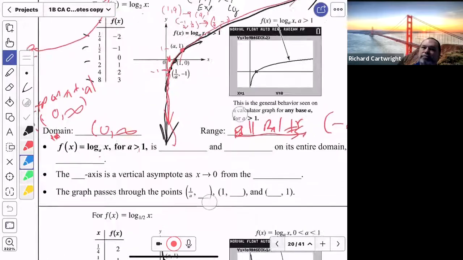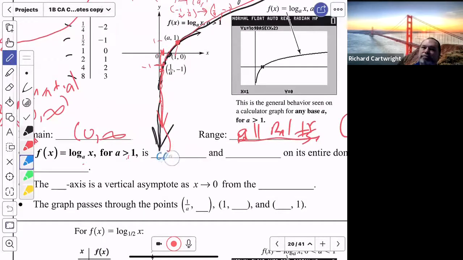I had that same question before. It's definitely continuous, and it's definitely increasing on the entire domain of 0 to infinity. It constantly gets higher and higher as you go from left to right.